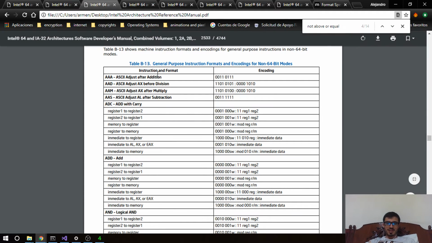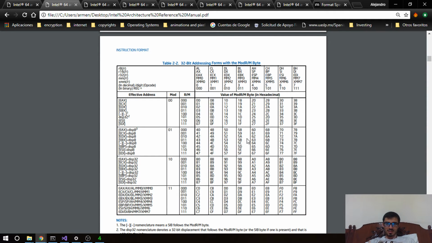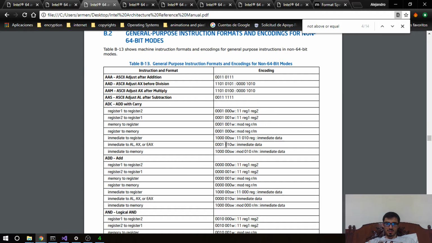No, I meant this one. For example, this one, 010, is this one, and we're looking at this one here. So it's DL, DX, and so on, and we have the register, and this is moving from immediate to register. That makes sense.